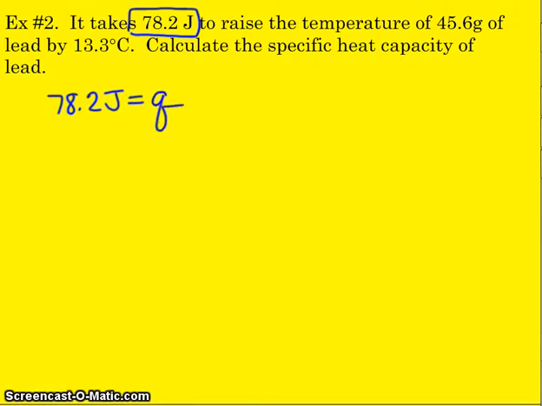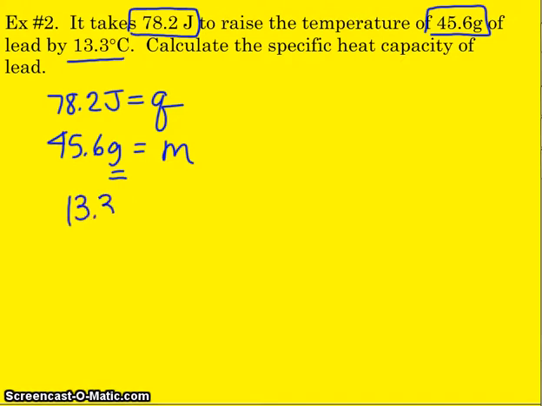To raise the temperature of 45.6 grams. Grams is our unit of mass, and we represent that with an M in our equation. 13.3 degrees Celsius. Now this isn't capital C in the equation. This is the unit degrees Celsius, which is a temperature.